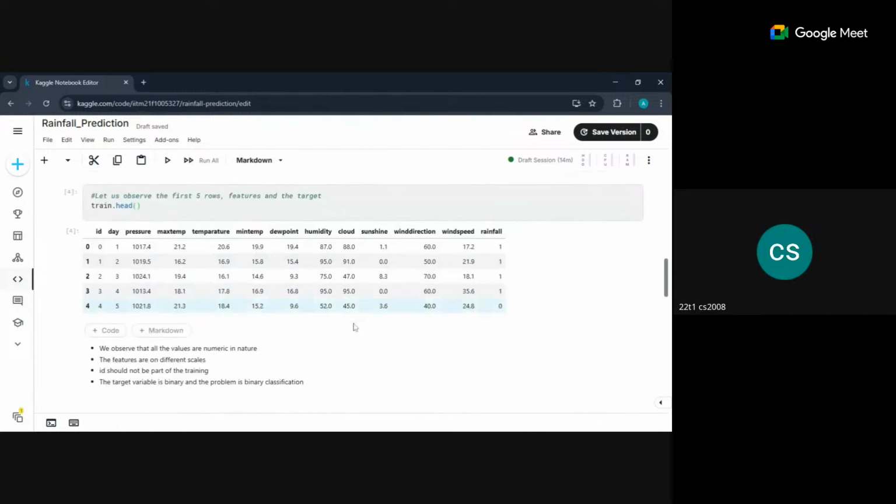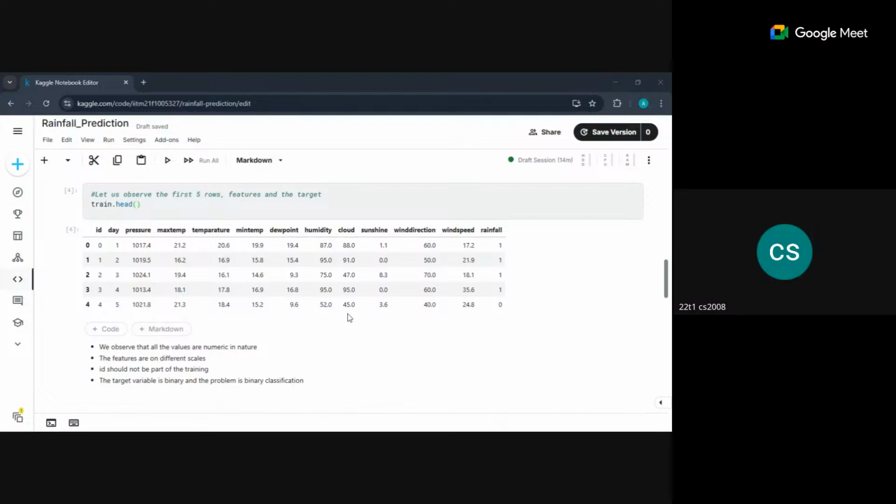I want a reasoning as to what we can use it on. Sir, we can use value counts on rainfall to check if the dataset is imbalanced or not. Very good. That was one of them that I was looking for.